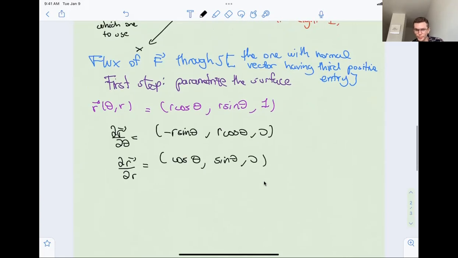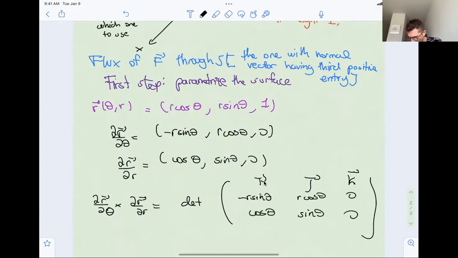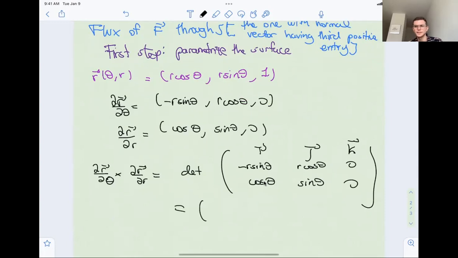So when you do the cross product, this one is not too bad to get because there are zeros in the third column.